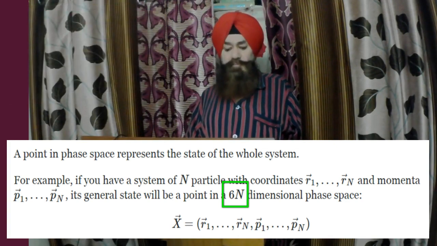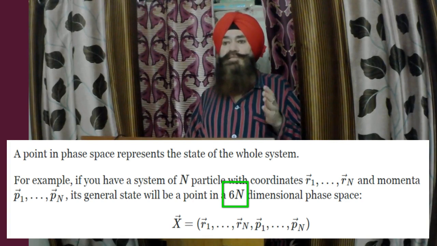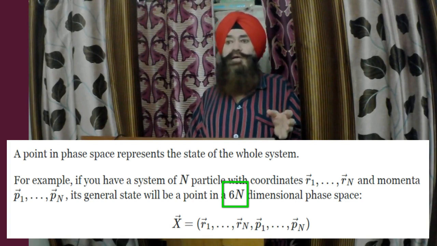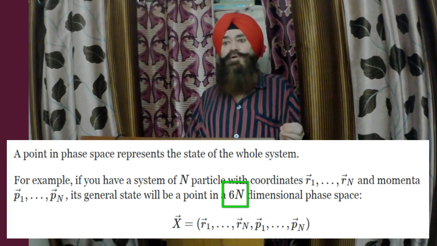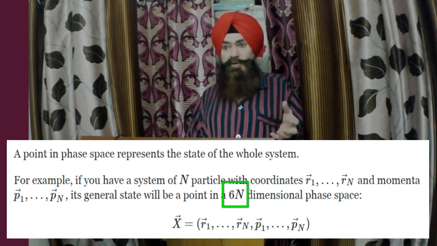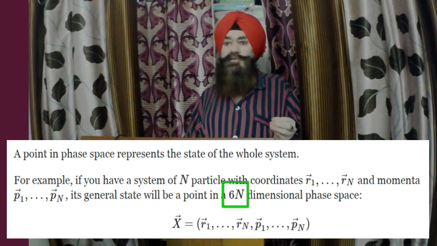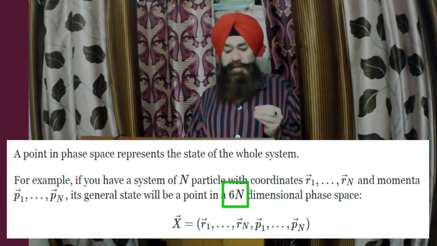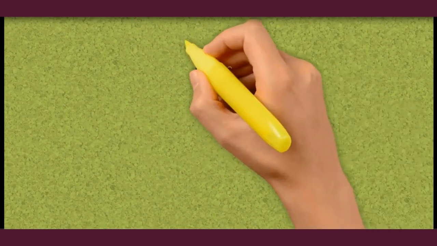But remember, the phase space is the coordinate and momenta space combined, and 6n-dimensional, and the system is like a point there. If the system property changes, then that point will move to some other place in the 6n-dimensional space. Okay, thank you.